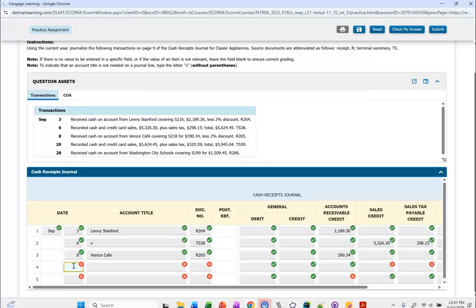Our next transaction, recorded cash and credit card sales. So again, that's a check mark because that's not to a specific account. From terminal summary 39, so TS 39. We have some sales of 5,624.45.